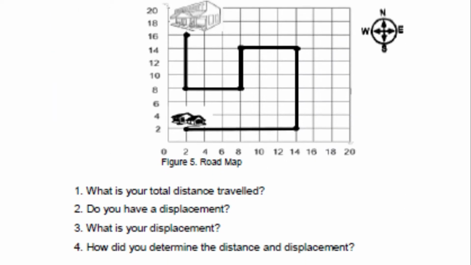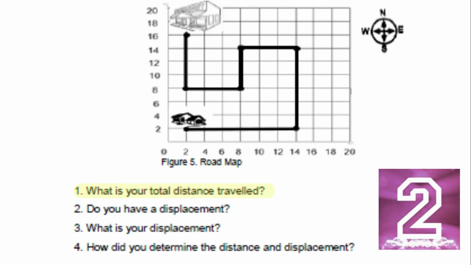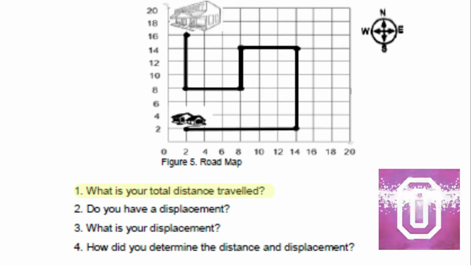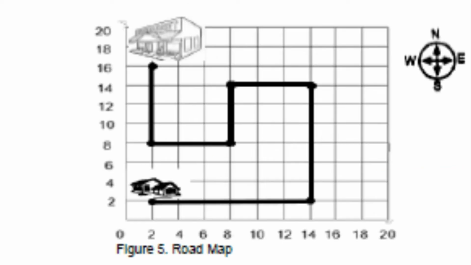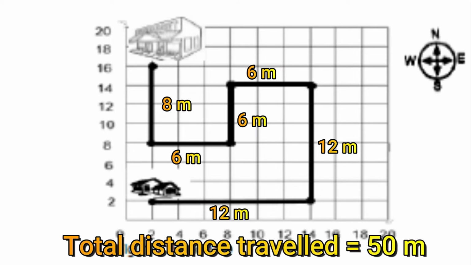Question number 1. What is your total distance traveled? Adding all the quantities, you'll get 12 meters plus 12 meters plus 6 meters plus 6 meters plus 6 meters plus 8 meters equals 50 meters.